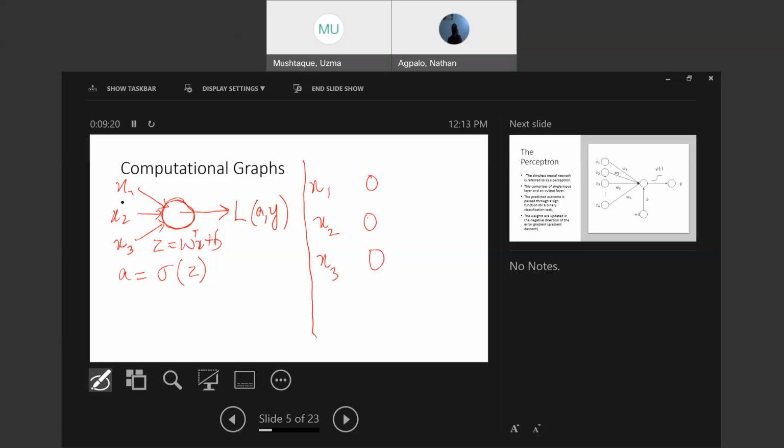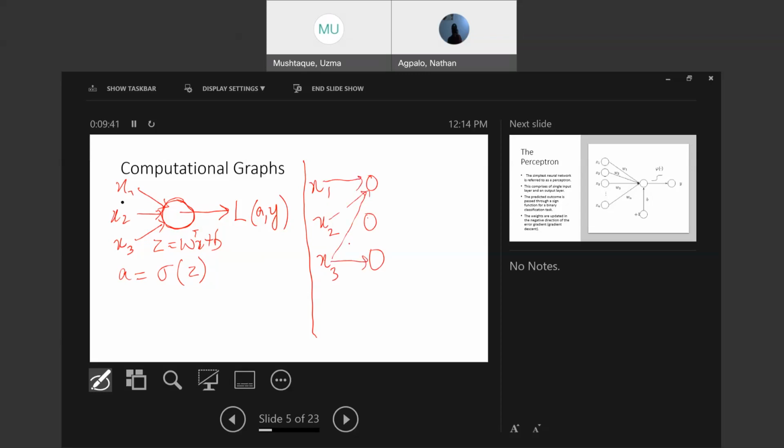I can have more than one node. Here I just had one single computation, but I can do multiple computations depending on different combinations of these inputs. So the first thing you should notice is that I'm going to combine these differently.